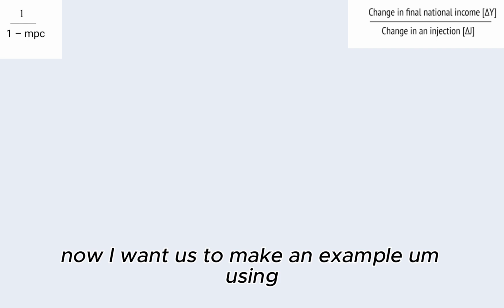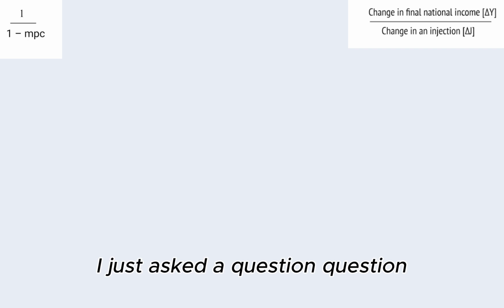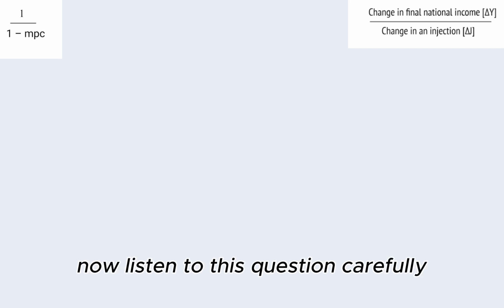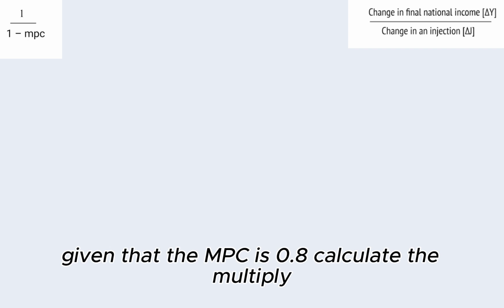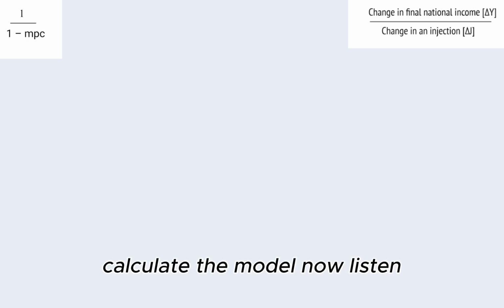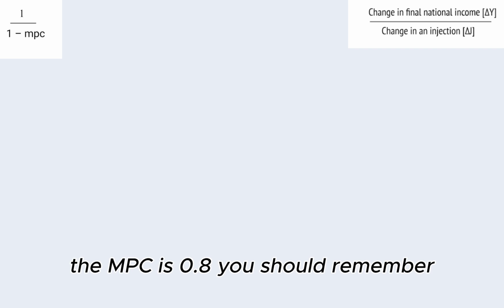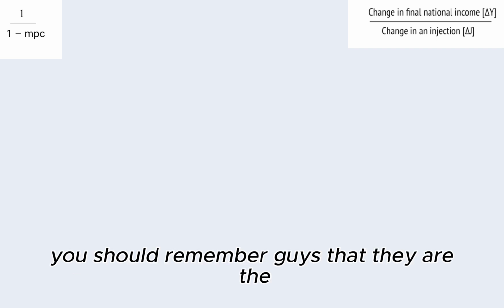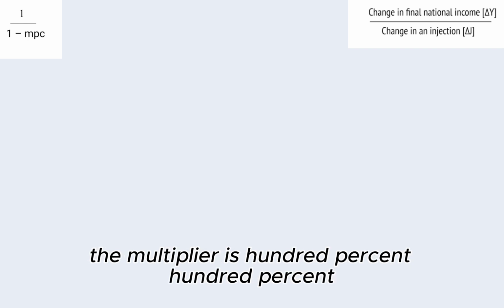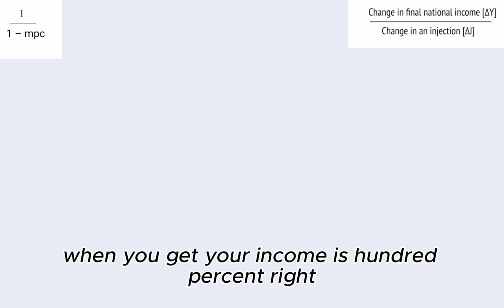Now I want us to make an example using just a question. Listen to this question carefully. Given that the MPC is 0.8, calculate the multiplier. Now listen, the MPC is 0.8. You should remember, guys, that when you get your income, it's 100%, right?